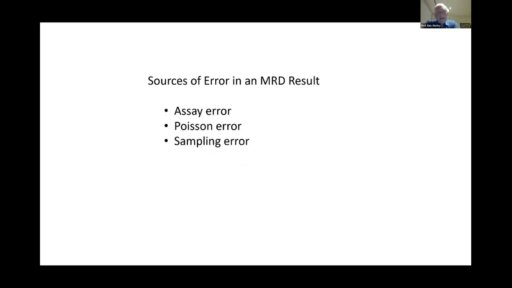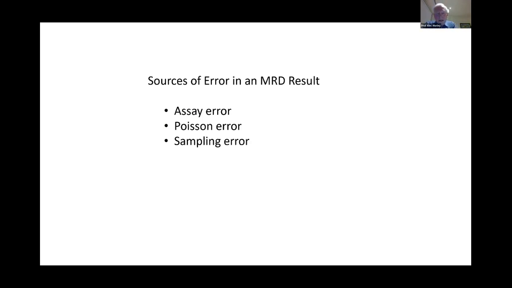These are the potential sources of error. There's the imprecision of the assay. There's what I term the Poisson error, which is a function of the stochastic variation when the number of targets in your assay is small, less than maybe 50 to 100.